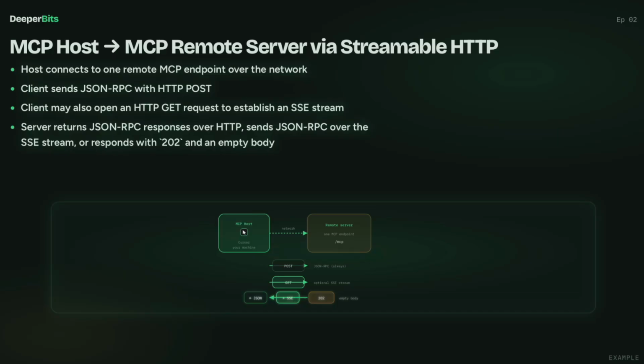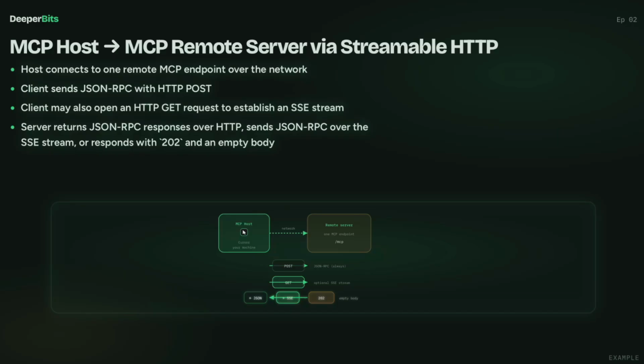We are going to see all these scenarios later in this video via an example. So just remember that whenever a client is calling an MCP server, it can be a POST call or a GET call, and the server can respond with either JSON via HTTP, JSON via SSE, or an empty body with a 202 status code.